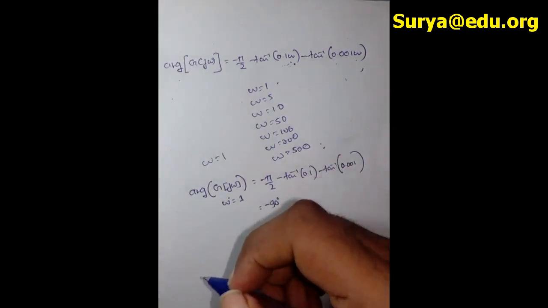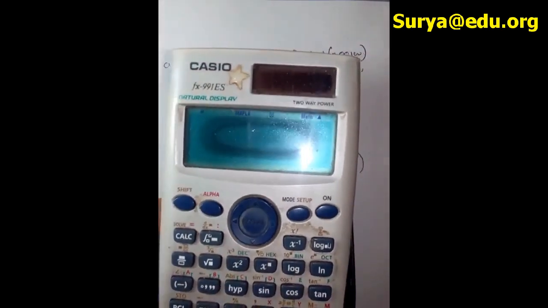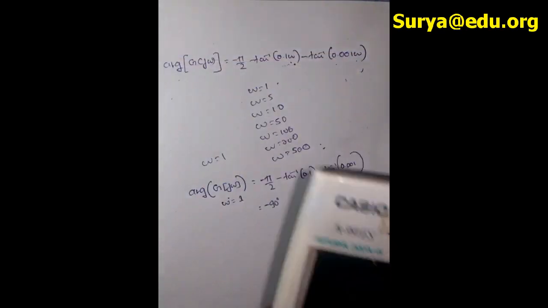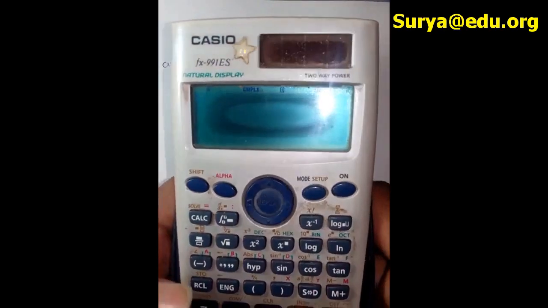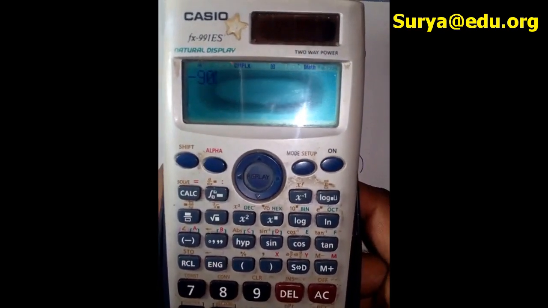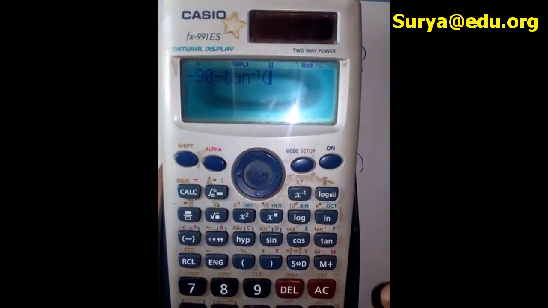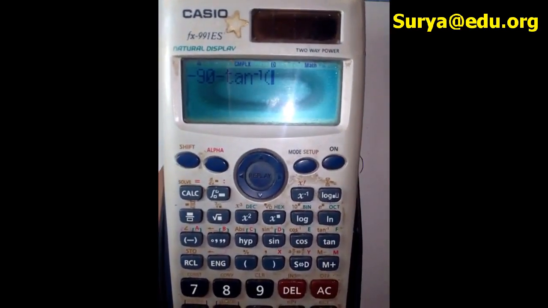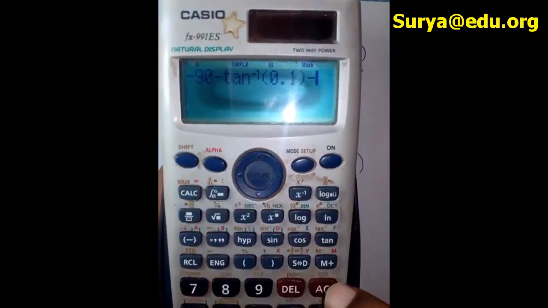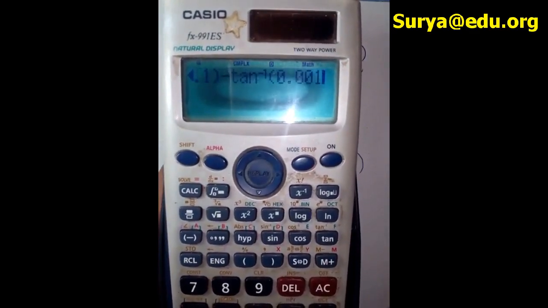Now let's see how to put that in the calculator. Carefully see what I'm going to put. Just put minus 90, then minus shift tan inverse 0.1, then minus shift tan inverse 0.001.